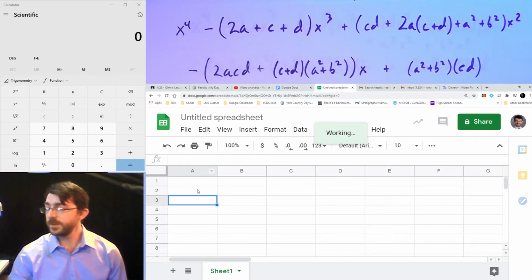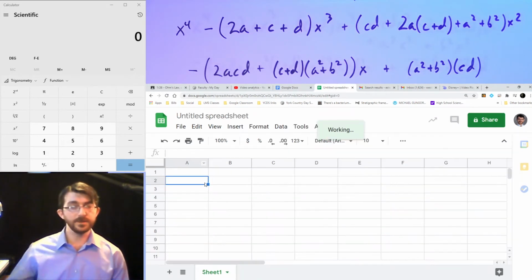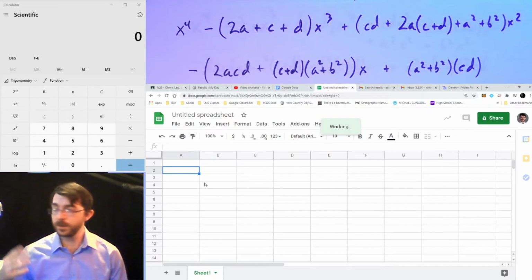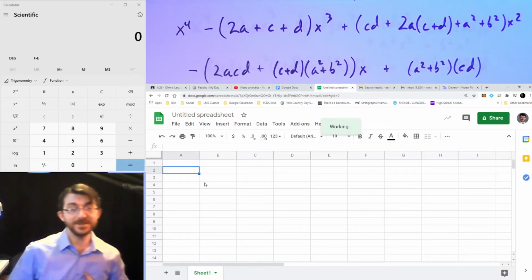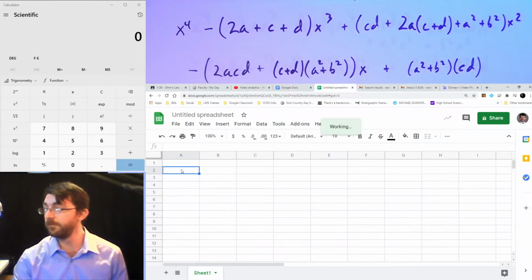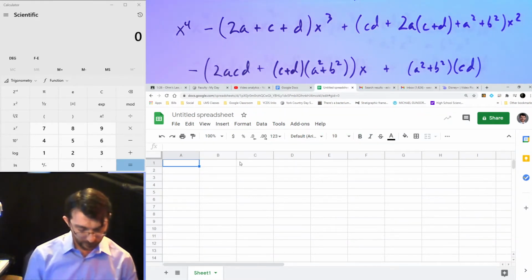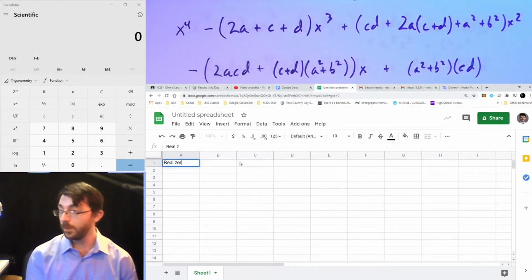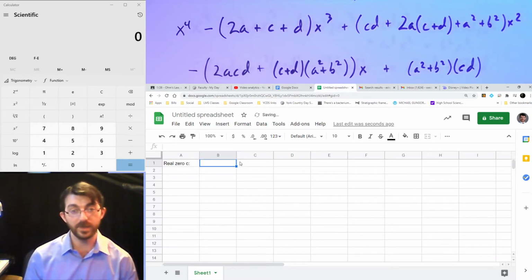Okay, so I've got 4 possible numbers to be factored into the zeros. So real zero C, whatever that is, I'll put it there.